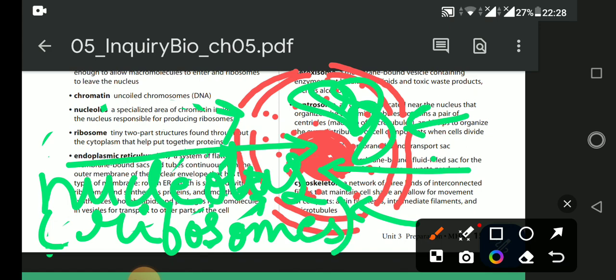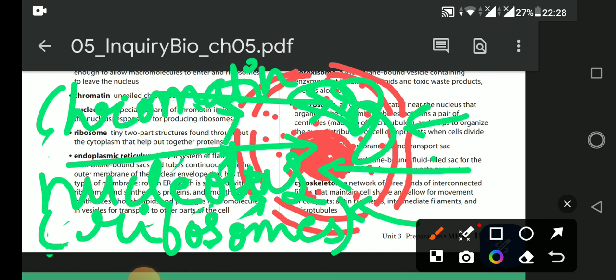Then here you can see a coiled thread-like structure, that is called chromatin. Chromatin is actually your DNA, deoxyribonucleic acid. Now you will come to know about two terms. One is chromatin and the other one is chromosome.